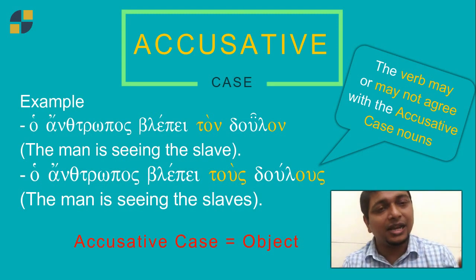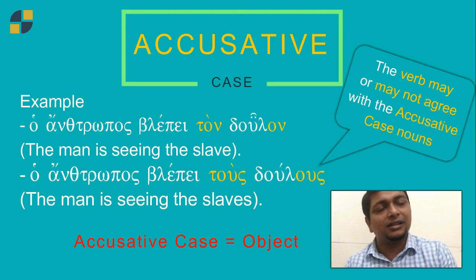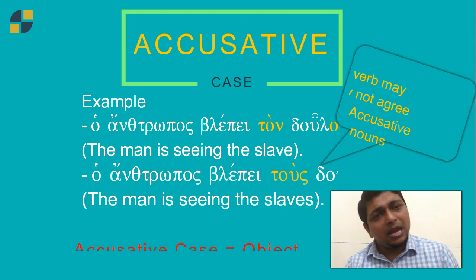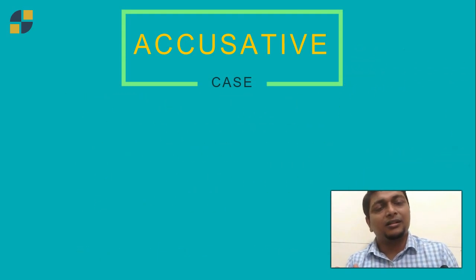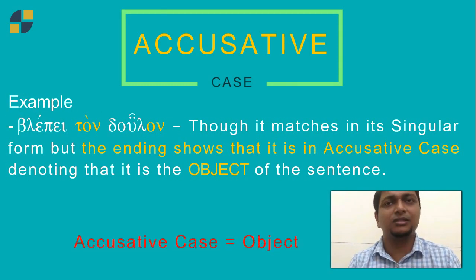Not necessarily like the verb should agree with the nominative case in its singular or plural form. In the accusative case, it may or may not agree in number. For example, blepei ton doulon.